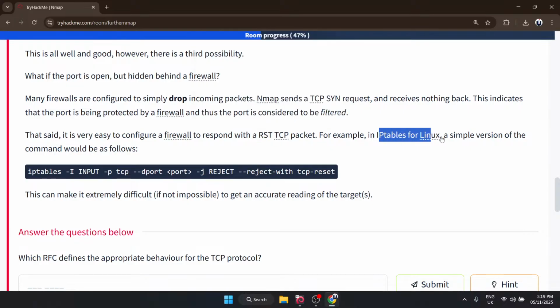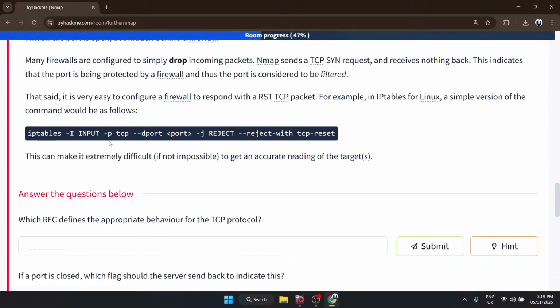For example, in iptables for Linux, this is a kind of access control list, access control stuff. A simple version of the command would be as follows. This is the command iptables -I INPUT and so on, and reject with TCP reset. It means that on whichever port is mentioned here, which kind of port, TCP port, it will reject that port with TCP reset.